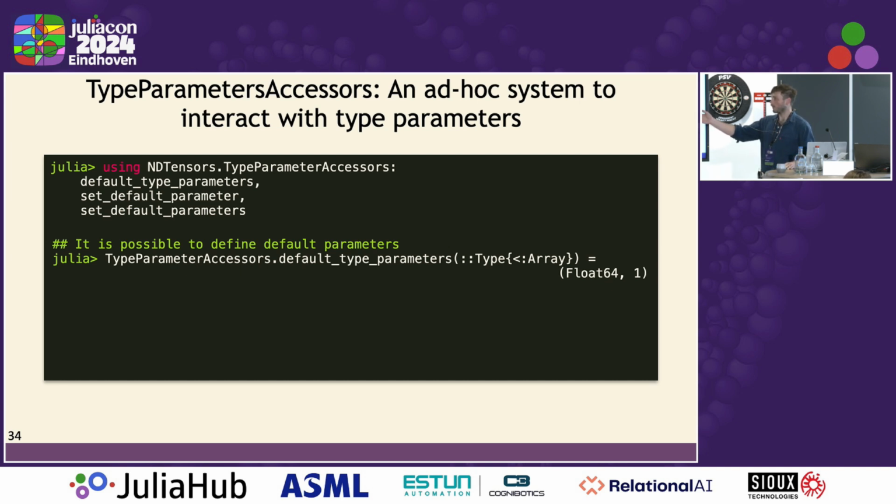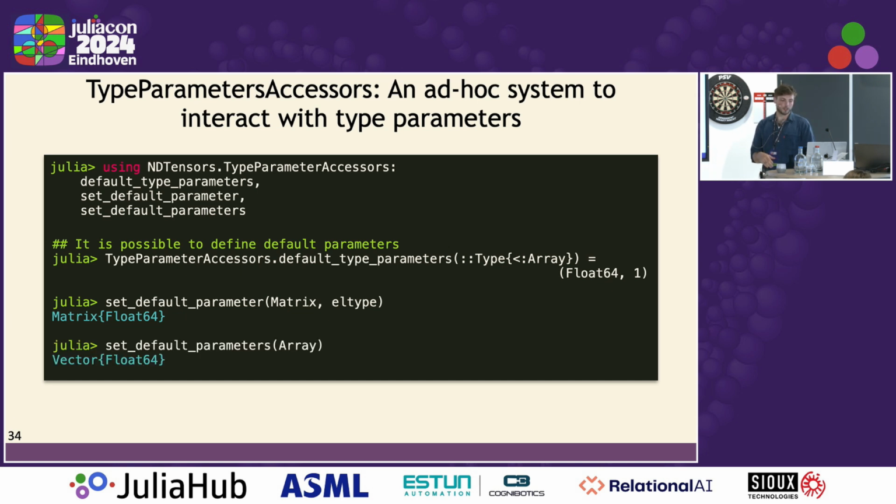Here we're going to define the default type parameters for array as a Vector of Float64. Then I can say, set the default parameter for this matrix of L type, and we'll plug in Float64. Or I can just say, set the default parameters, here's an array, go for it, and it will tell me, okay, Vector{Float64}.